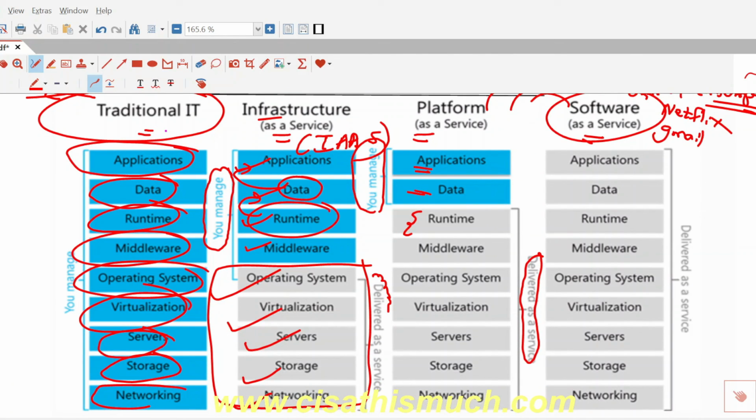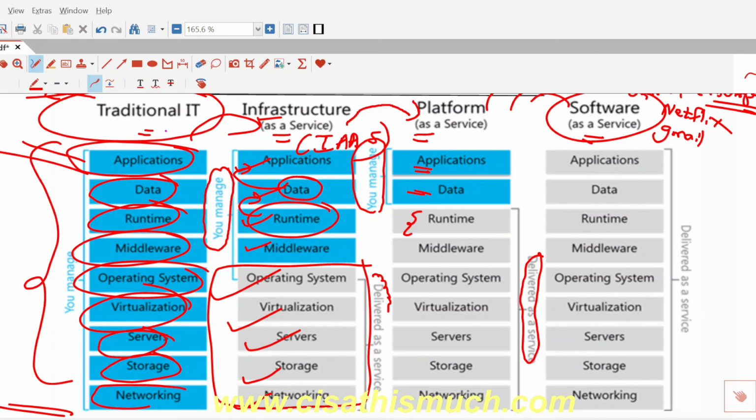The entire box will remain as it is. The only thing changing, okay, what exactly is changing? Do you see any change right starting from the application till networking? Are you seeing any change in infrastructure as a service or platform as a service or software as a service? No, everything remains, the box remains the same.